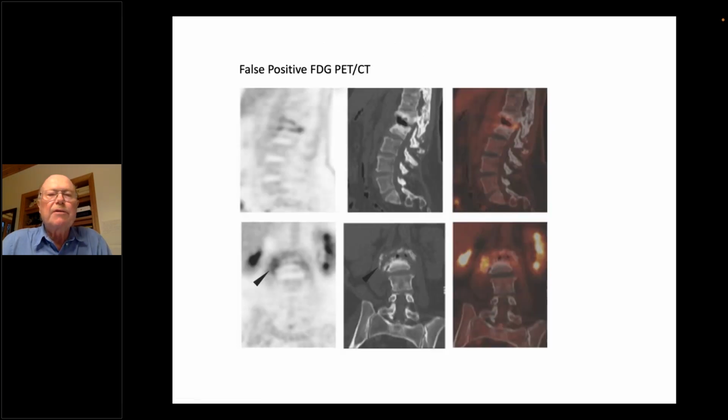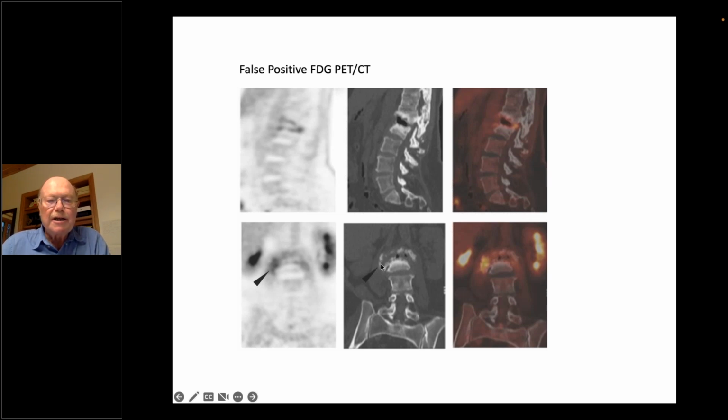So the ones that were deemed incorrect interpretations on the initial interpretation, most of them had activity that appeared to extend outside the destroyed disc, but it was actually within the disc space.